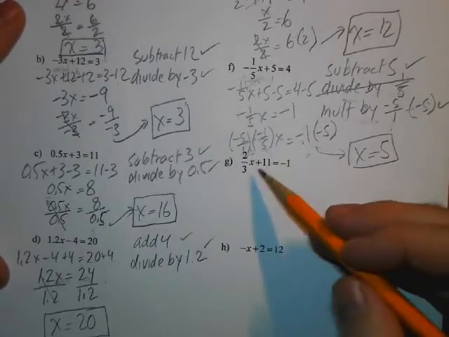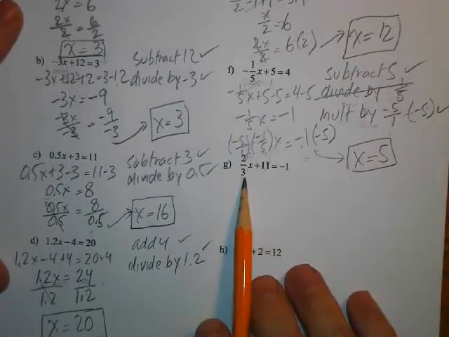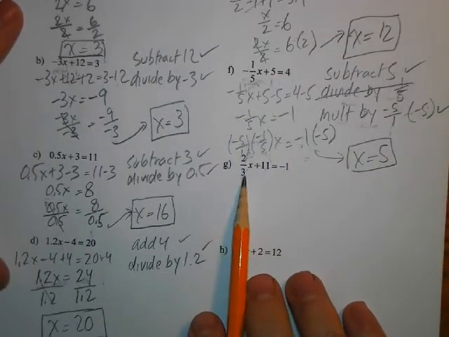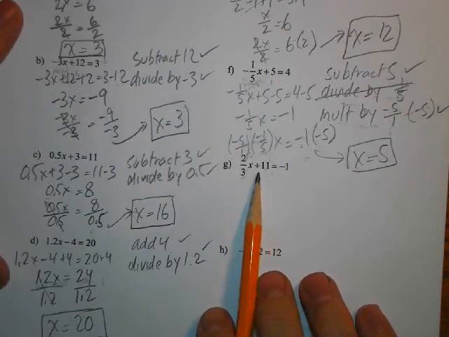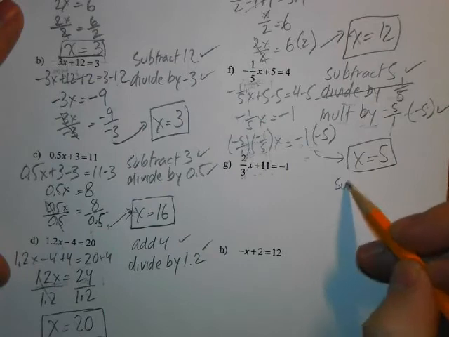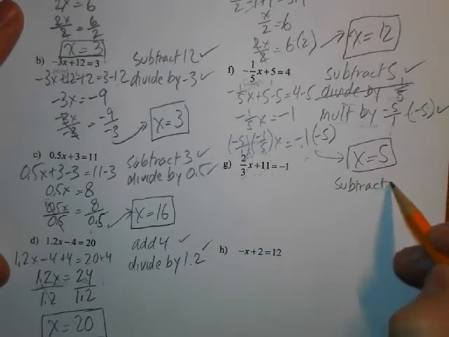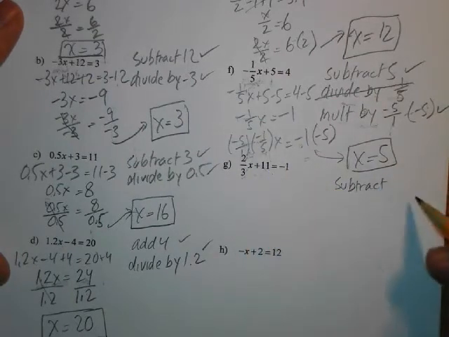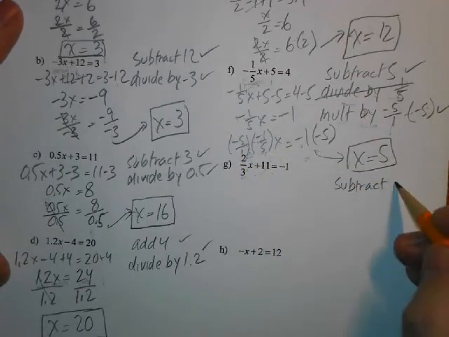All right, next question here: 2/3 x plus 11 equals negative 1. So how do we undo that? First we subtract 11, because that was the last thing we did when working through the left side. So we undo it in the opposite order.